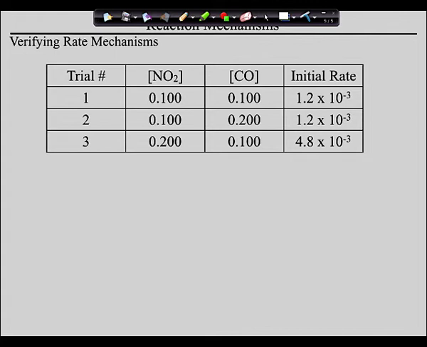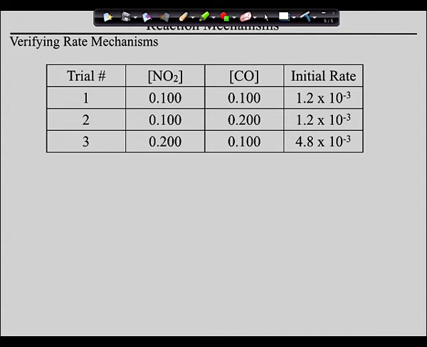Okay, so this is the way that I would approach it. I'm looking for controls. And so I look at trials 1 and 2 and I see that we're controlling NO2 and we're doubling carbon monoxide, and what happens to the rate? Doesn't change. So maybe my first sentence would say something like this.